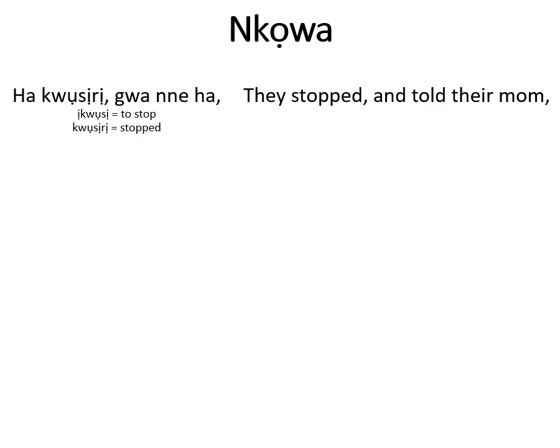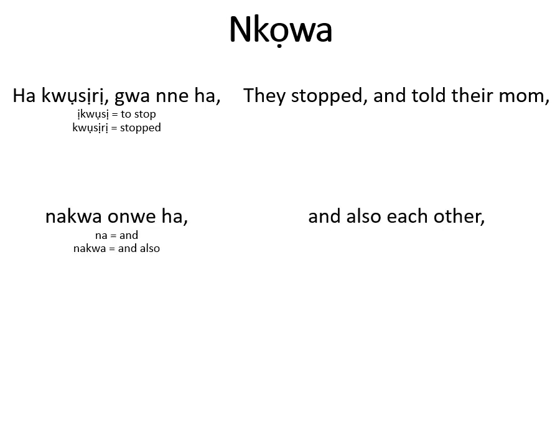And what was their response? Ha kwụsịrị. They stopped. Gwa nne ha and told their mom. Nakwa onwe ha and also each other. So nakwa is from na. Na is and in some situations, and nakwa means and also.